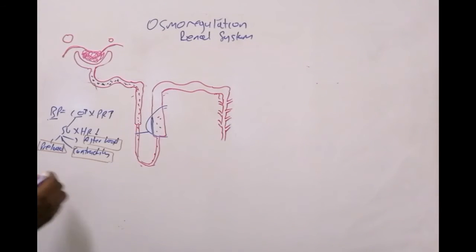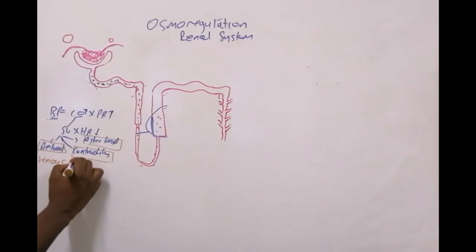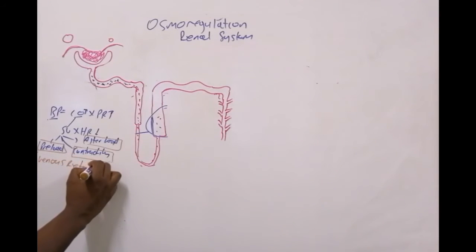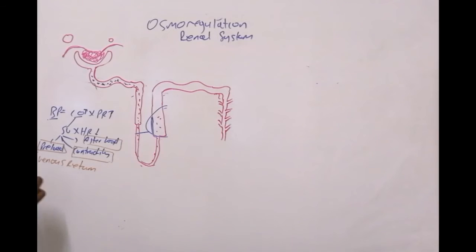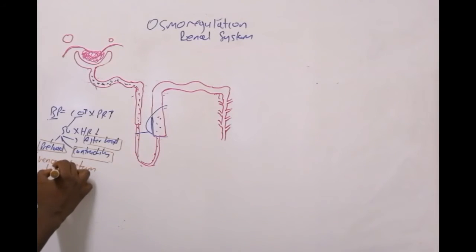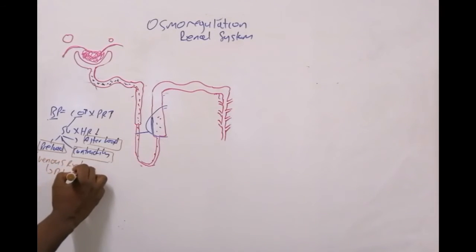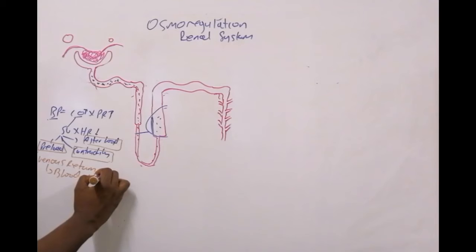What we're going to be talking about today is preload. The drugs that decrease preload are drugs that, remember, preload comes from venous return. And venous return is dependent on blood volume. Very important, guys, to remember this.